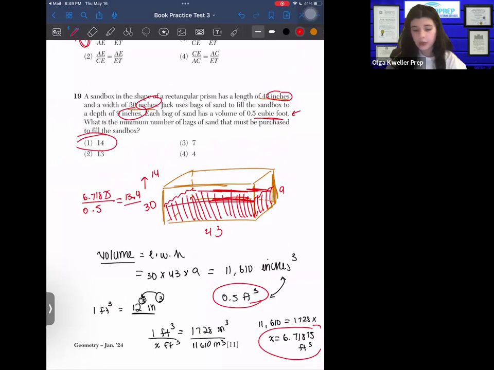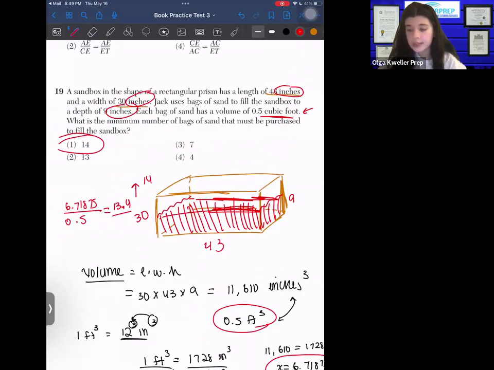The biggest takeaway from this question is the conversion. Please, please, please do not forget to square or cube that conversion whenever you're playing with units. And when you are doing this type of work, just circle or underline whatever you have to, annotate the question to make sure if the units are changing or not, right?